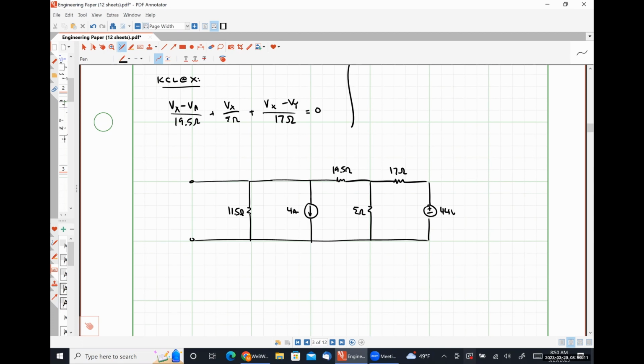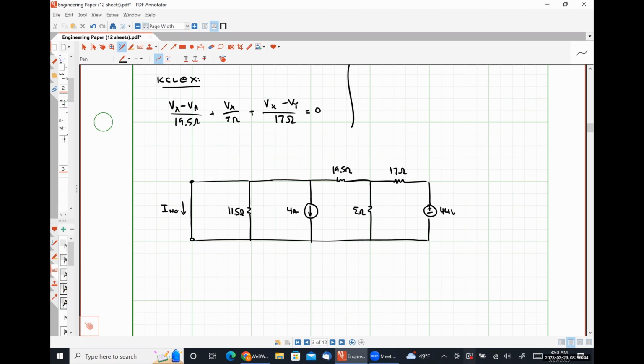So when I'm finding my Norton current, I'm going to short circuit those terminals. And I'm going to find my Norton current direction down. So what are we going to use to solve this? That's one option. Not saying it's wrong. I'm saying there's a way easier way.